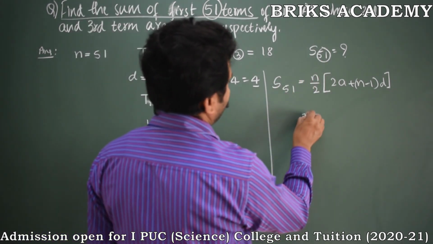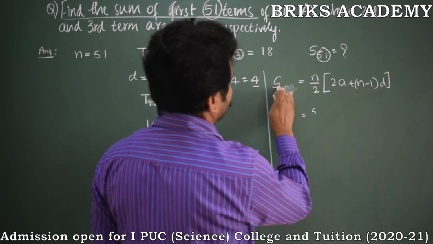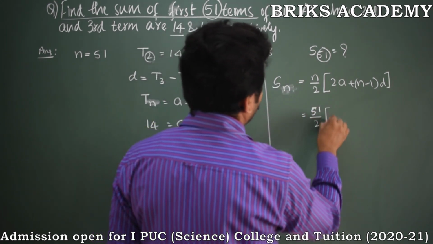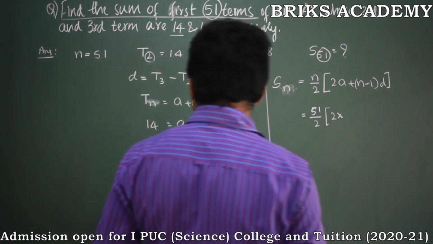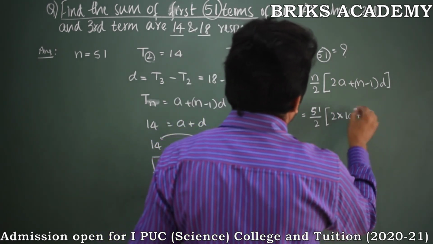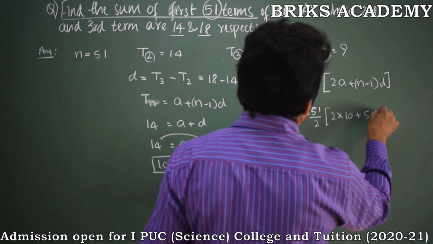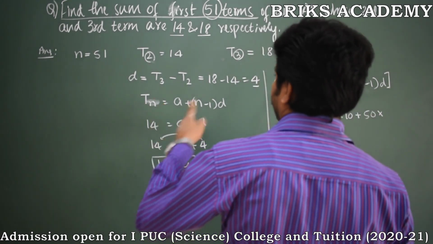Yes, n is 51. That is the Sn formula. It is 51 by 2 into 2 into a, which is 10, plus n is 51, 51 minus 1, that is 50, into d, d is 4.